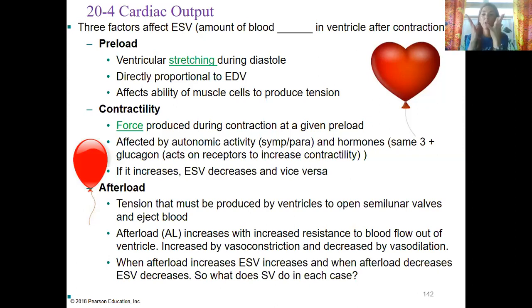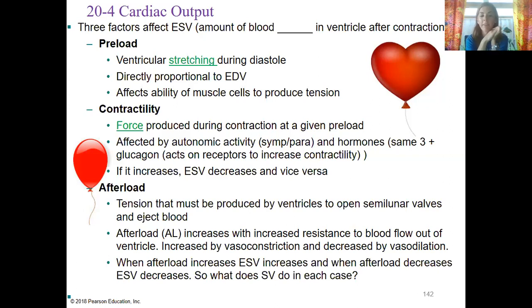If we increase the force of contraction, then we're going to have a better stroke volume. The more we have leave our heart, the less is left right here in your hand when you're done. So that's why if contractility increases, then whatever's left in the ventricles is going to decrease. I hope that makes sense.